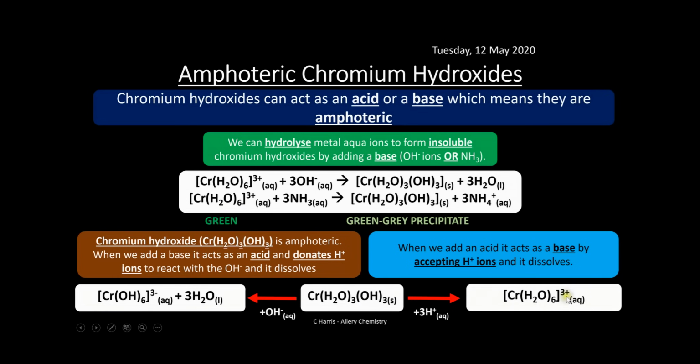It is charged again, because we're losing the 3 OH- charge and replacing it with neutral ligands, so it's just the charge of the chromium atom in the middle. This is 3+, so it dissolves again. So you can see it acts as an acid or a base, and it changes depending on whether we're adding a base or an acid to it.